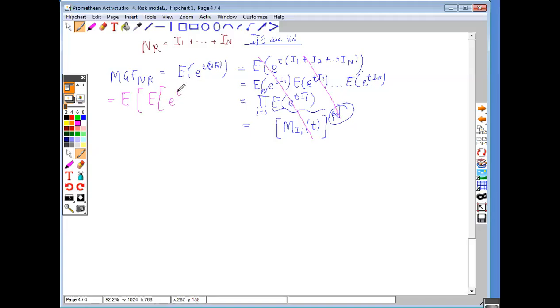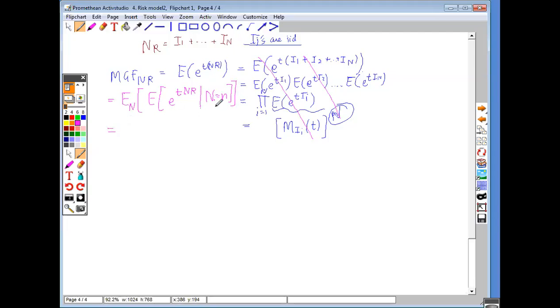So I have expectation of e raised to TNR, and what I'm doing is assuming that my n takes a particular value which I have observed as small n. So this is my first expectation, which I have now conditioned upon the value of n. So now here I'm going to write that I'm going to take expectation with respect to capital N. Okay.